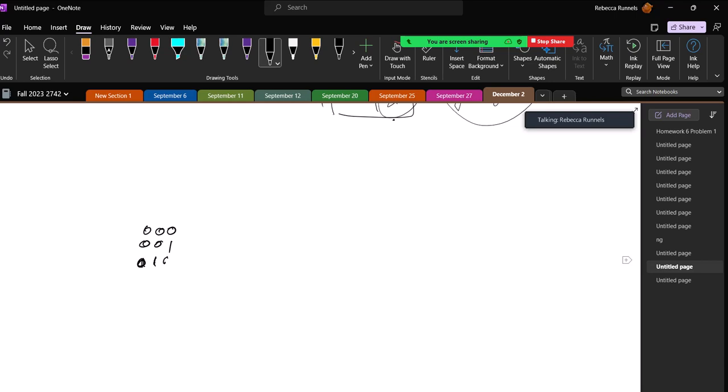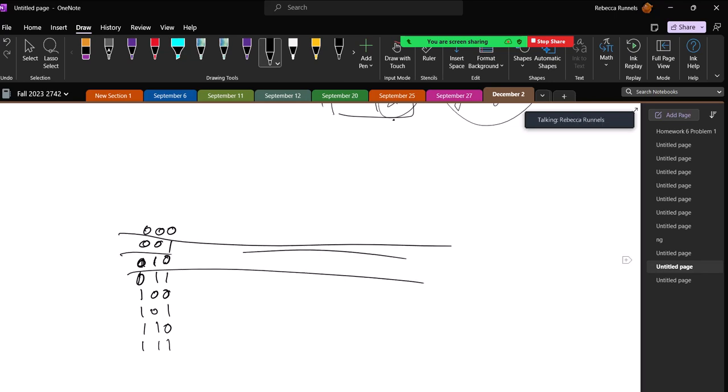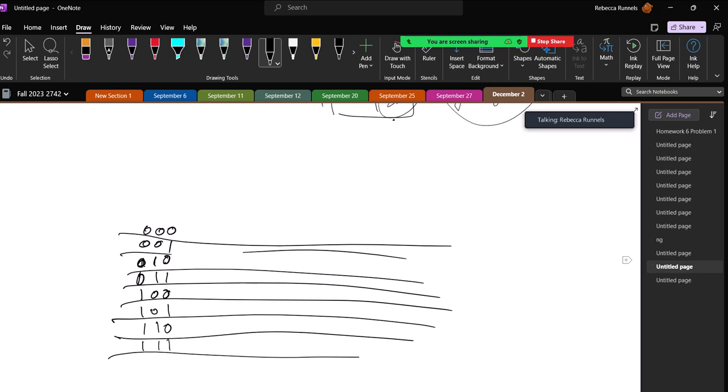I don't have to do them in order, but I do have to account for all of them. Those last three lines would all be don't cares. It does not actually have to be the last 3. You could say, I want this one and this one to be my don't cares. It doesn't matter, but 3 of them would be don't cares.